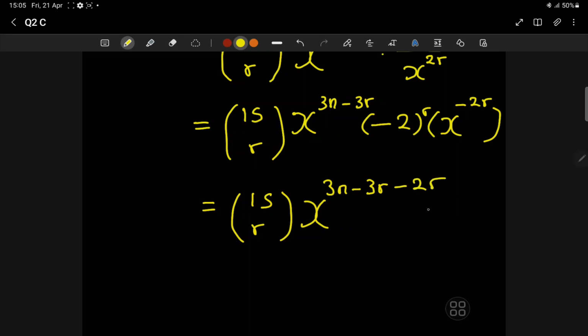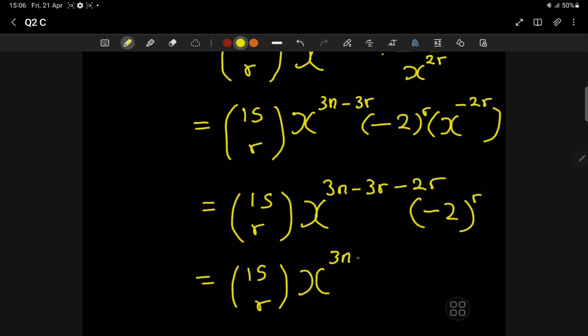Then we have maintained the (-2)^r. We can simplify this, which will give us x^(3n-5r), then (-2)^r there.